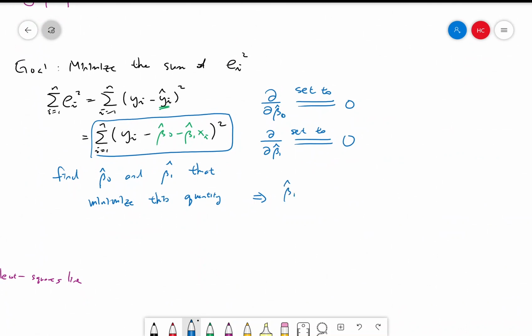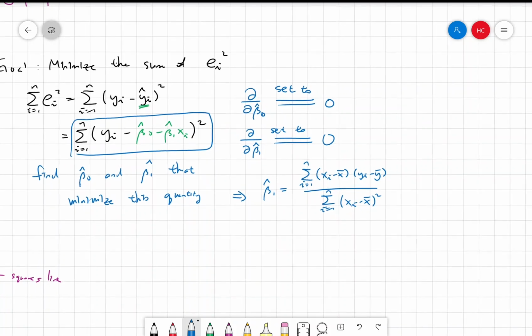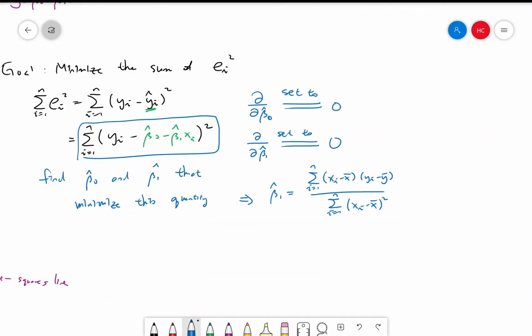if you solve for beta 0 and beta 1, beta 1 hat is equal to the sum from i equal to 1 to n of (xi minus x bar)(yi minus y bar), over the sum from i equal to 1 to n of (xi minus x bar) squared. This looks very similar to the value r, which is the correlation, and similar to that, this has an alternative formula.